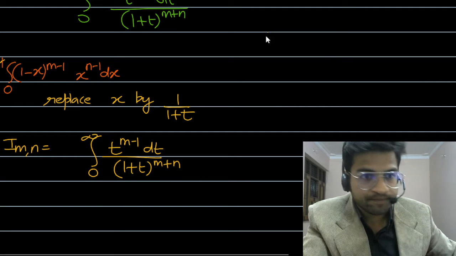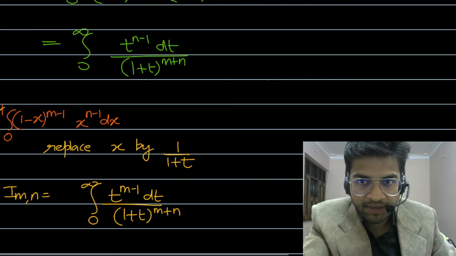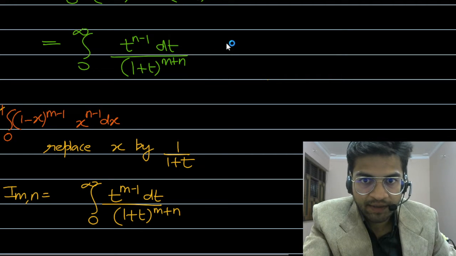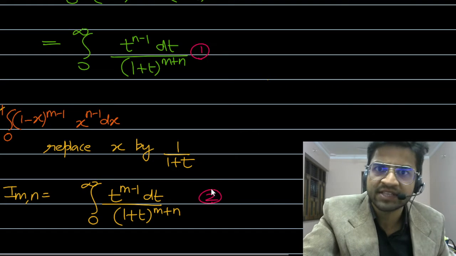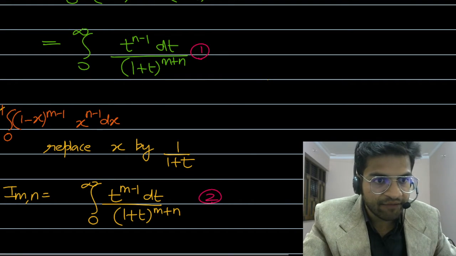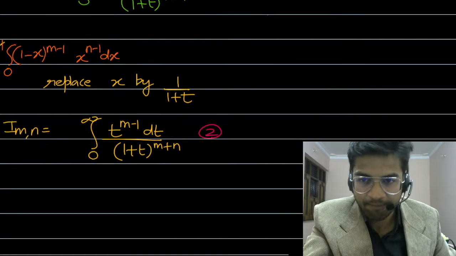Okay, so let us say this is first and second. Just add first and second. I know there is an issue of limit that we will consider in the second part.